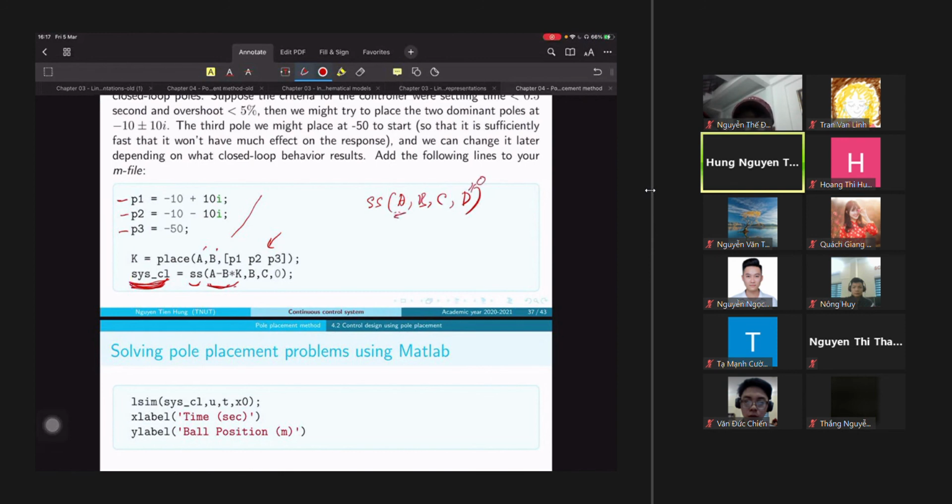And A is now the closed loop matrix, meaning that we include the controller K into the system. If you forgot this, please come back to my slides.